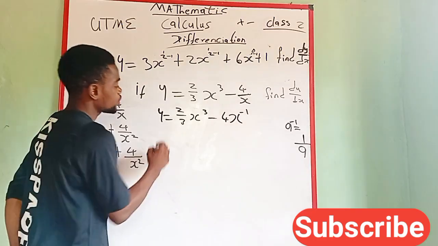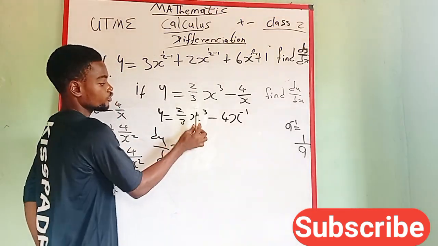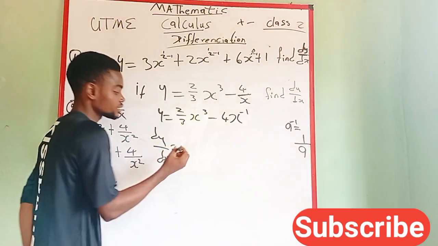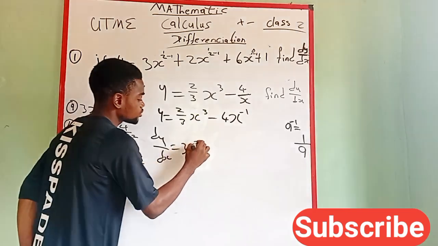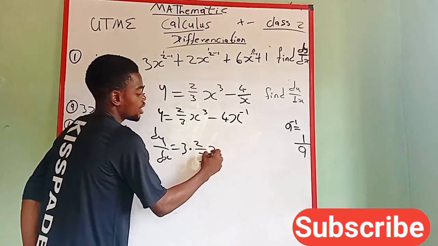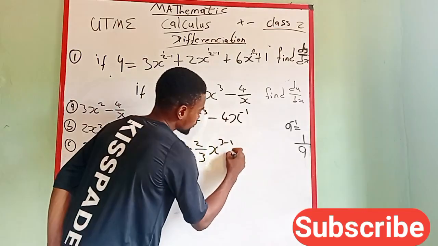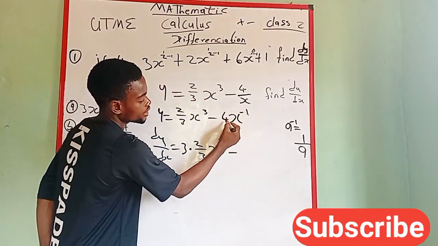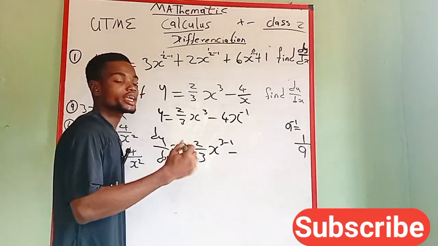Now, to differentiate, we're going to say dy over ds is now equal to, from here, this is the power. I'm going to bring it out to multiply by this. I will now have 3 dot 2 over 3, and I have s to the power 3 minus 1. Remember, we use dots to represent multiplication in calculus. On this side, I have negative bracket. This -1 will come down to multiply by 4, which will give us -4.